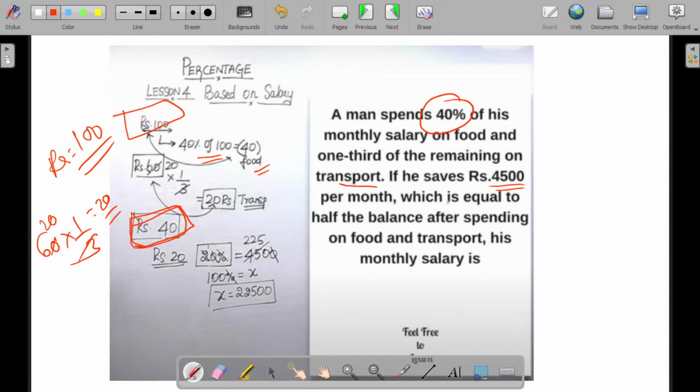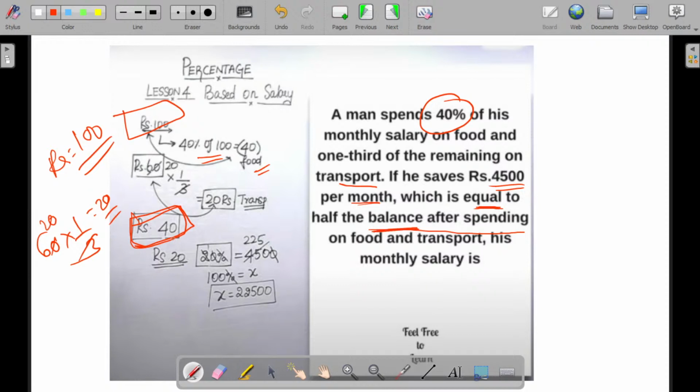If he saves 4,500 per month, which is equivalent to half of the balance after spending on food and transport. So here the remaining after the transport is 40 rupees. If he saves 4,500 per month, which is equal to half of the balance.